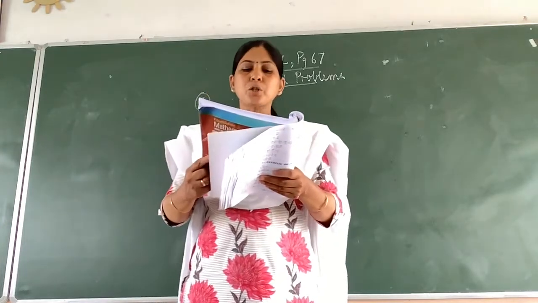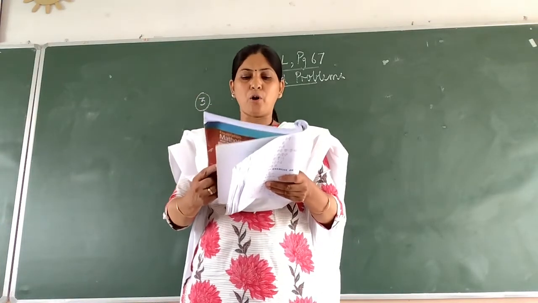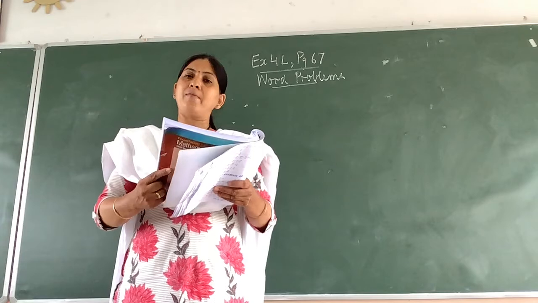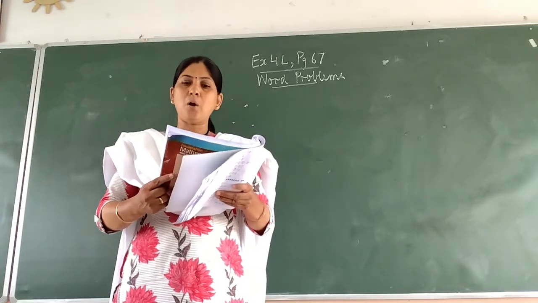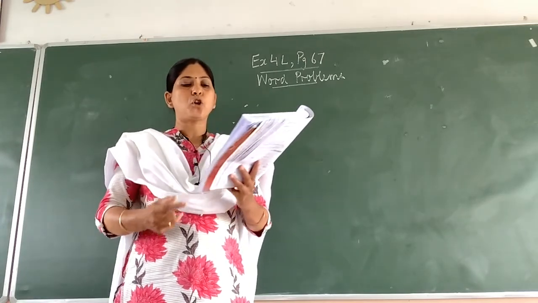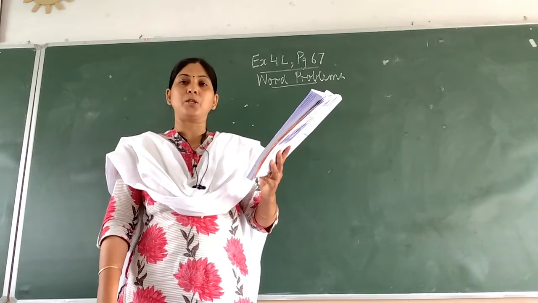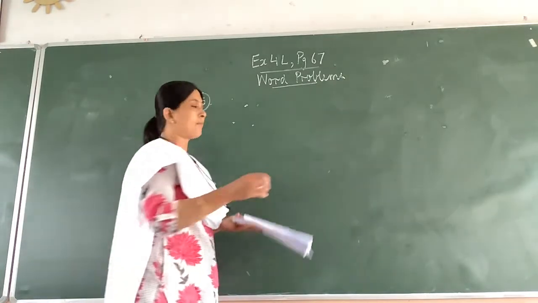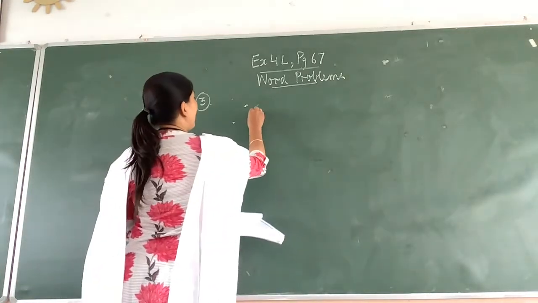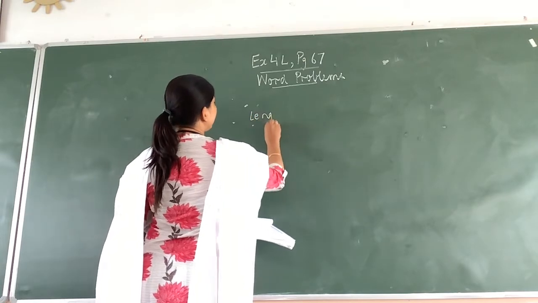Now, the cost of 1 meter of cloth is 25 and 1 over 5 rupees. Now, see, what is the cost of 5 and 5 over 9 meter of cloth? Now, 2 things are given in this. Length of cloth is given.